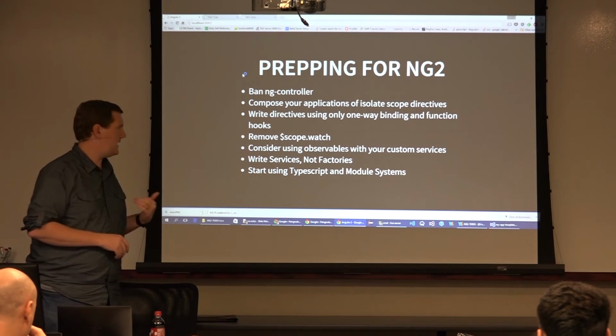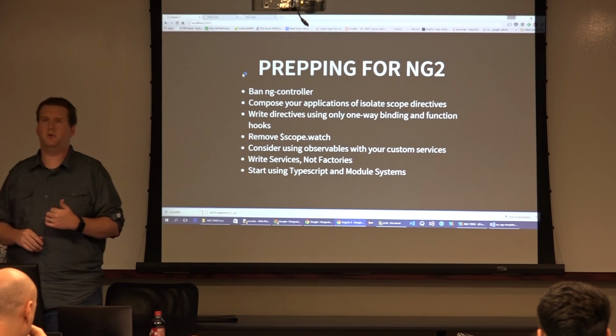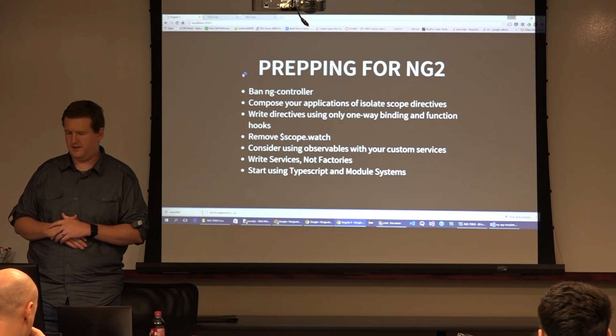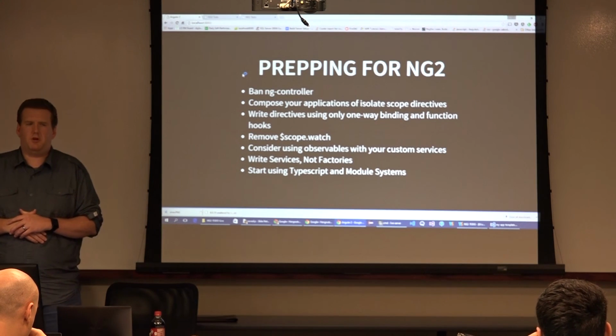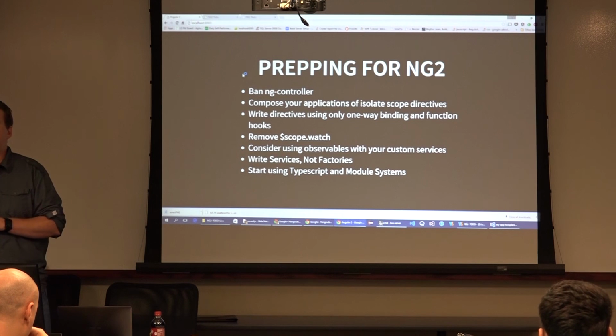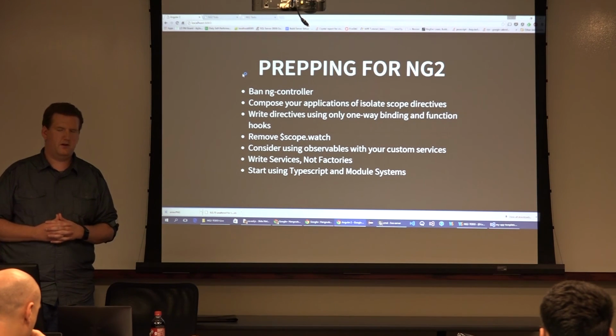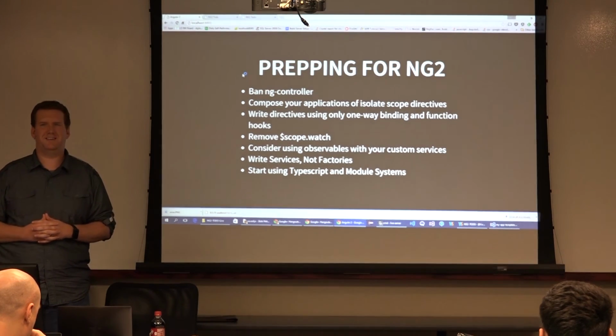And if you can do that, then you're also one step ahead, because you've eliminated your last need for a scope watch. And then directives, we strongly recommend using directives whenever possible, but this pushes it to the extreme. Angular 2 really goes off the deep end there, in terms of everything has to be in a directive.